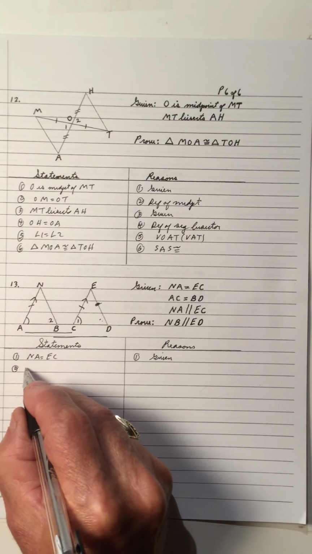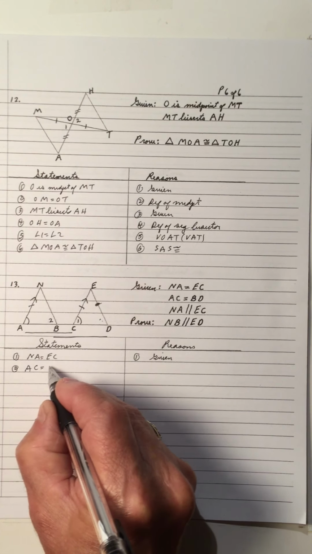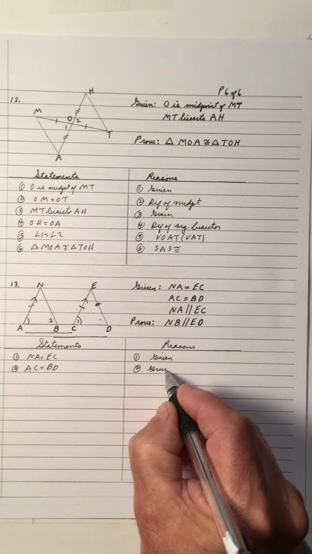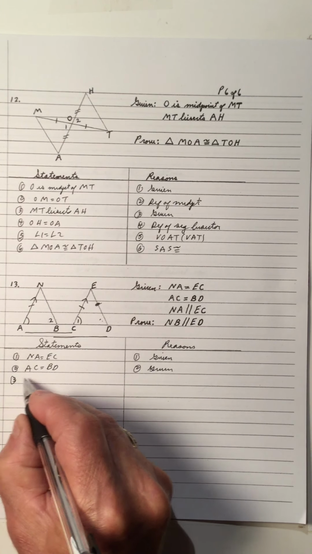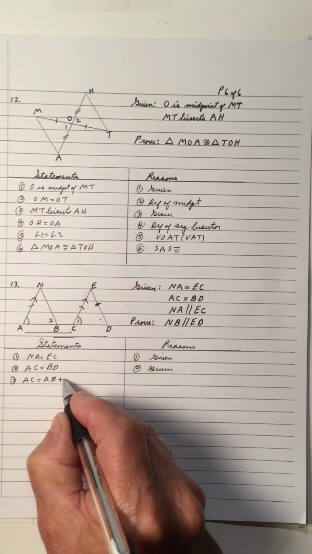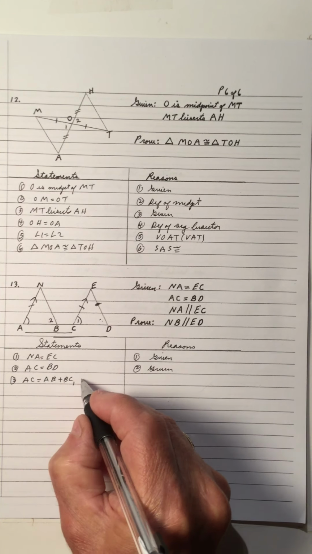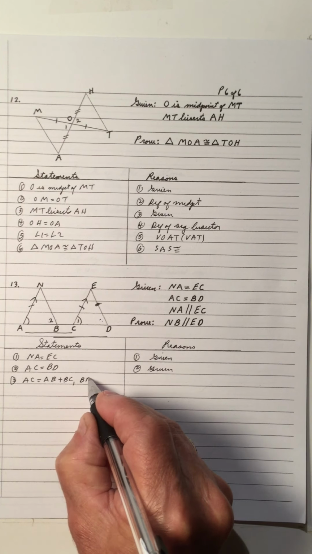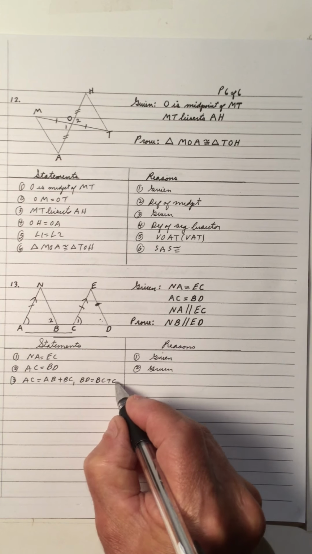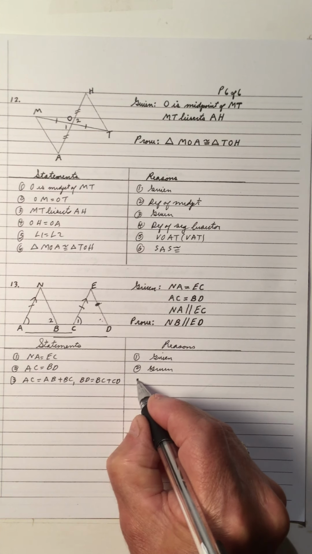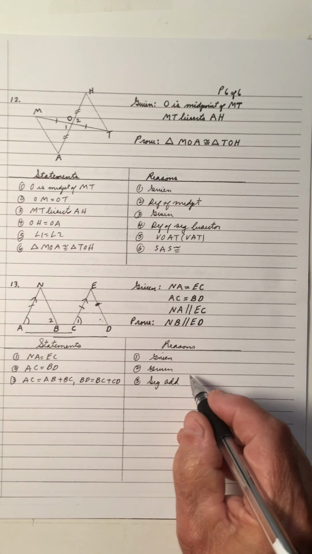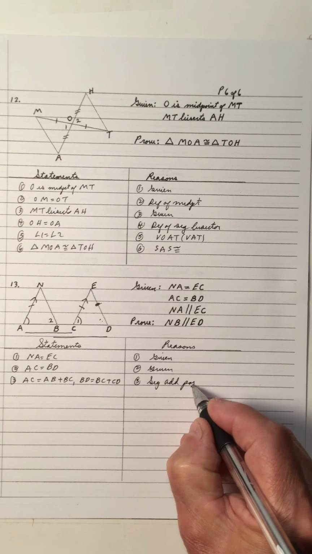Number 2, I got AC equals BD, and AC is equal to AB plus BC, and BD is equal to BC plus CD, and that's the segment addition postulate.